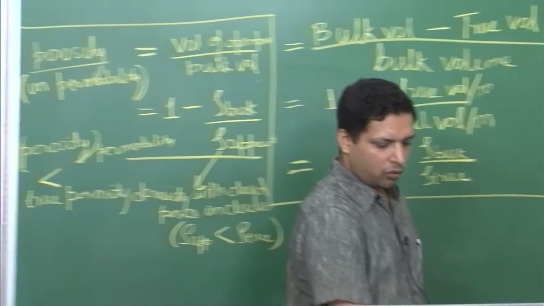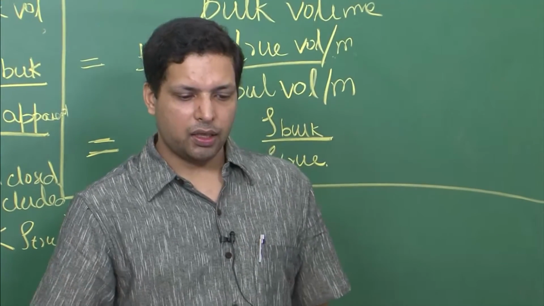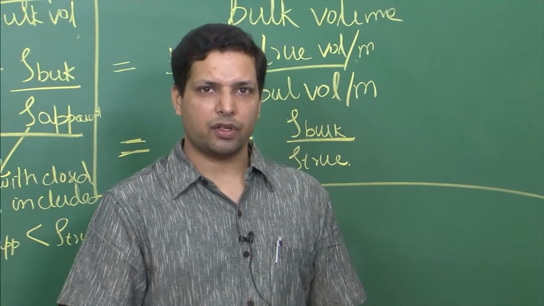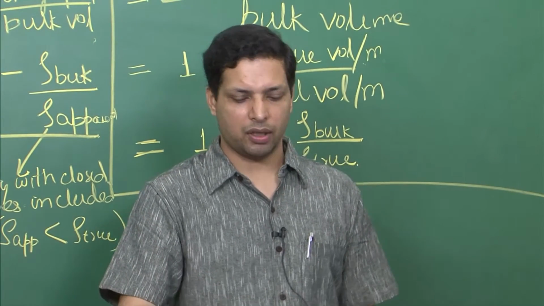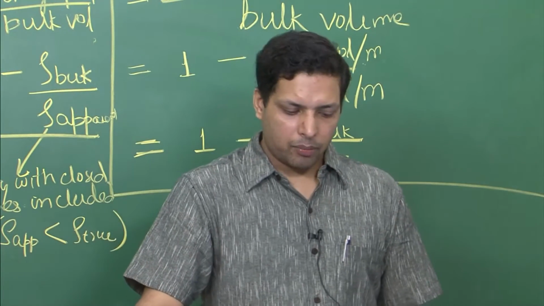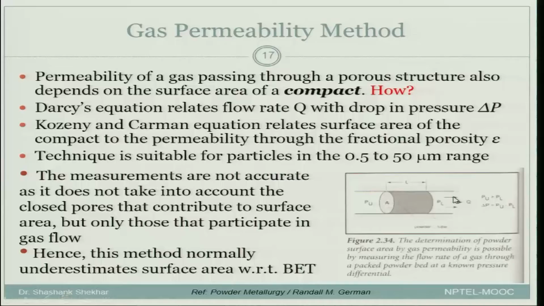So there is going to be some difference in the surface area that you calculate using the gas permeability method and, say, the BET method. However, it will still give you a good relation between the porosity and the surface area, and that can be related to find the surface area that we have been trying to do.